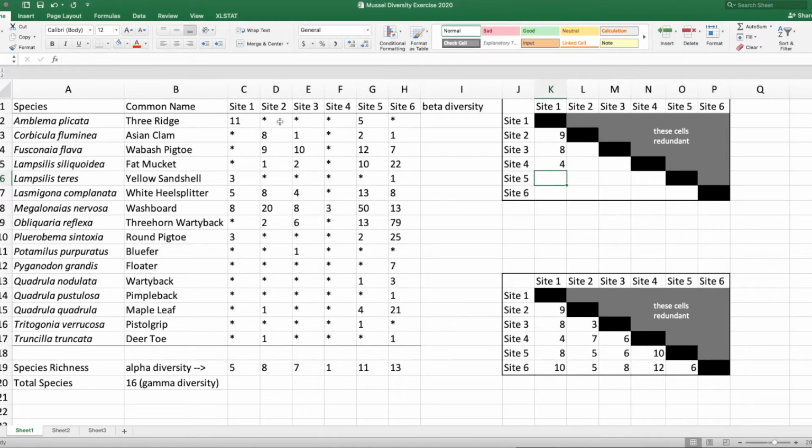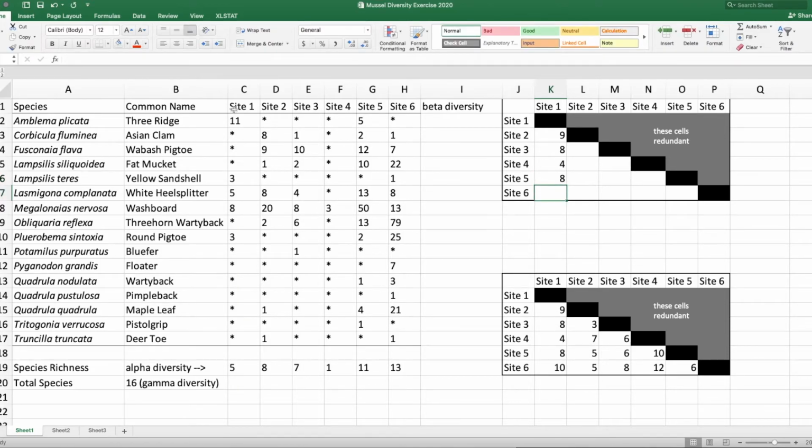Site 1 to 5, don't count that first one, but we'll count this one. Okay, don't count this one. Do count this one. Don't count this one. Do count this one. Do count that one. And do count that one. And we end up with another 8.